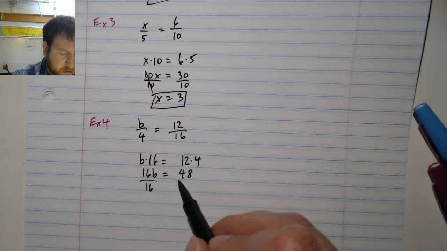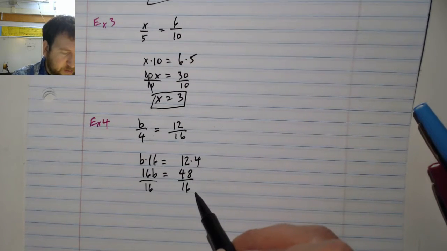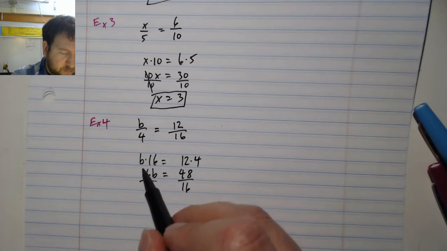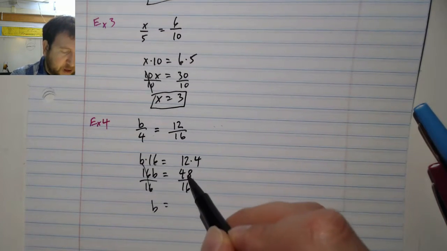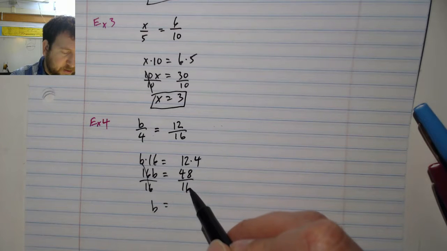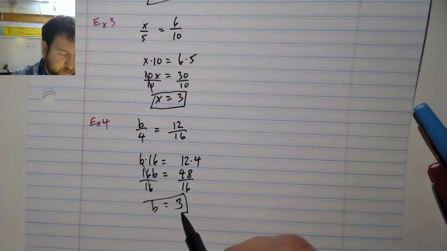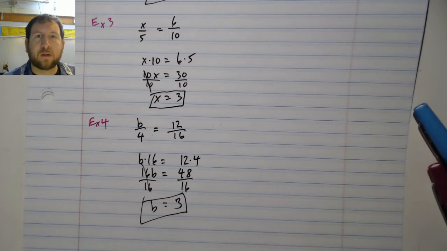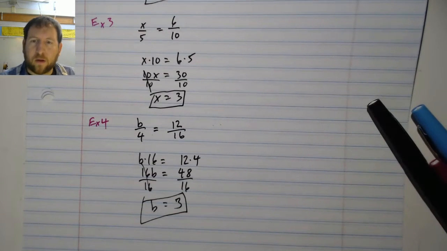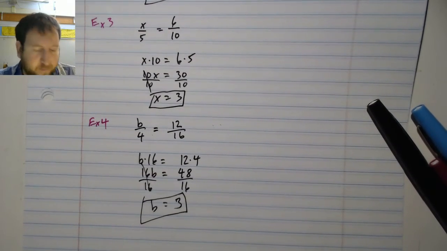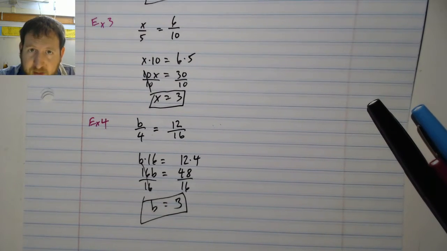Divide both sides by 16. This is going to give me b. I'm guessing this is 3. 16 times 2 is 32 plus 16. It is. B also equals 3. Well, I think I see a little coincidence here, but that's all right. Hope that makes sense, and good luck.